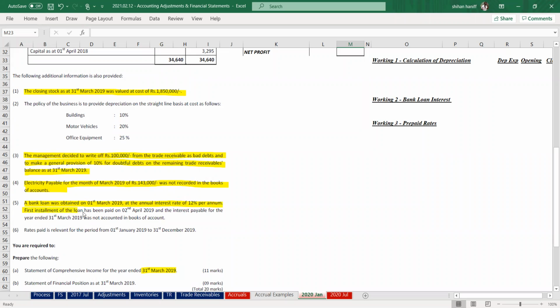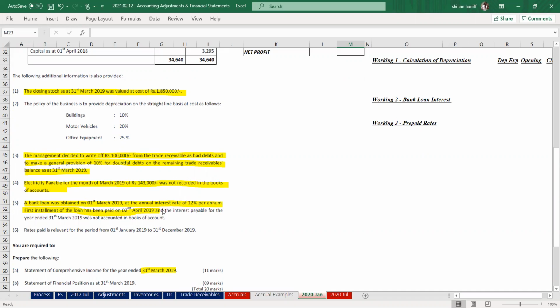First installment of the loan has been paid on 2nd April 2019. 2nd April means next year. Our financial year end is 31st March. So this was paid 2nd April. So as I said earlier, you don't need to worry about the payment dates. Okay?